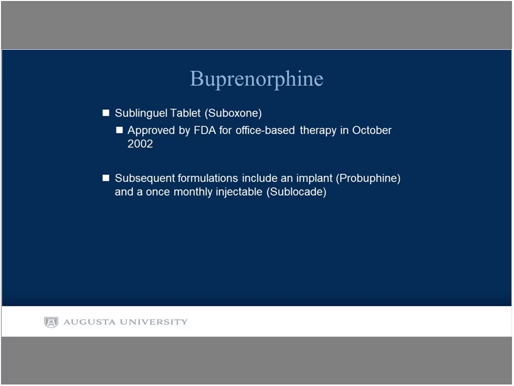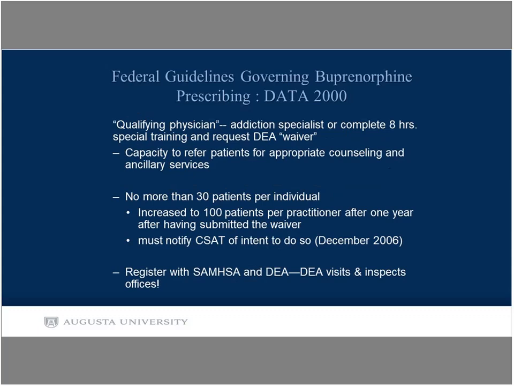Buprenorphine is one of the other medications that's available. It can be taken sublingually through Suboxone, which was approved in 2002. And then more recent formulations, as I mentioned, are an implant as well as the once-monthly injectable. There are some guidelines governing buprenorphine.